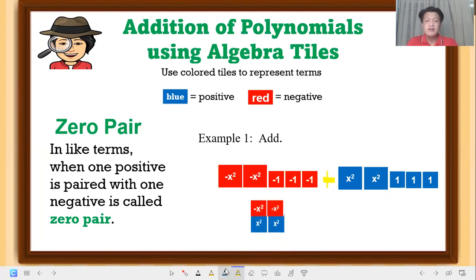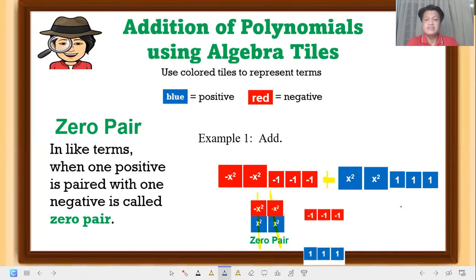Okay, and then ipapartner natin ito nga. Ibig sabihin partner to, partner to. Okay, ibig sabihin yan one at a time. Kaya nga nag-paired sila. Yun yung tinatawag natin zero pair. Dito naman tayo sa constant term. Okay, ibig sabihin nito, if this is negative 1 na tatlong red, ipapartner natin doon sa kabila, yung blue na constant.